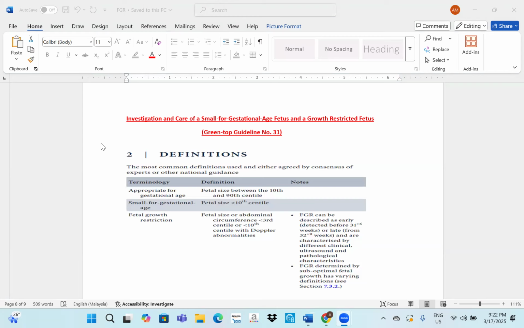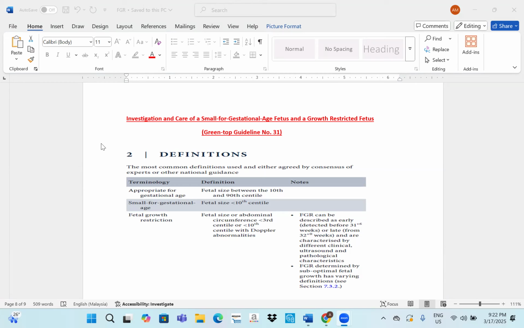Now, what is the difference between fetal growth restriction and small for gestational age fetus? Small for gestational age fetus is only the fetal size, means either the abdominal circumference or the estimated fetal weight is less than 10th centile. For FGR, the fetus has to be small if the fetus is less than third centile.